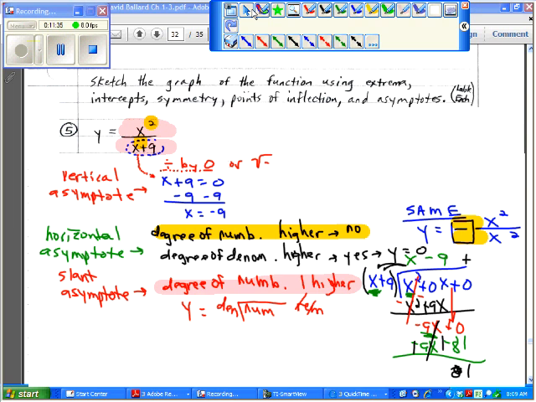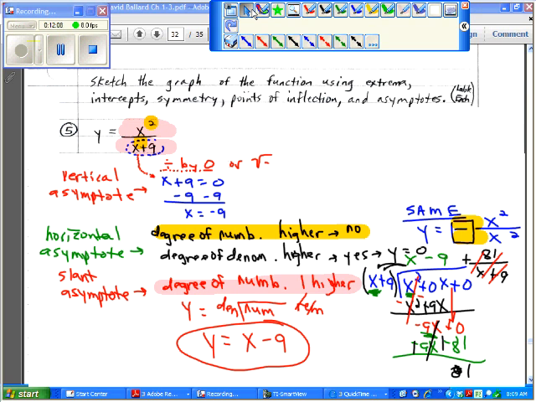Now, we would usually say that it's plus 81 of those little x plus 9. But we disregard that remainder, so my equation is y equal the x minus 9 portion, disregarding the remainder of 81, which would really be 81 over x plus 9. Okay? So that's our slant asymptote.